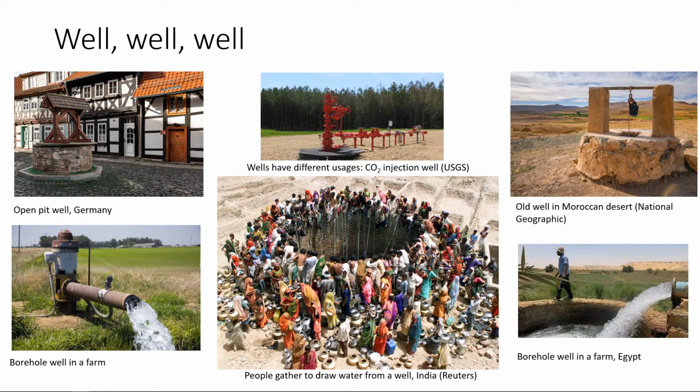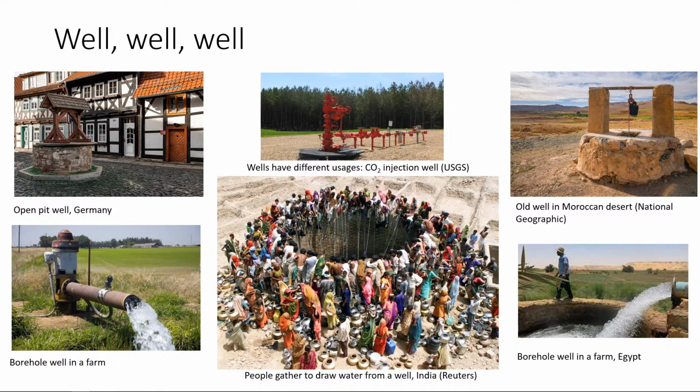Another use is not a pumping well but an injection well. Injection wells are commonly used to dispose of waste. You get wastewater, you treat it, and then you dispose of it in an isolated aquifer, like a deep aquifer.